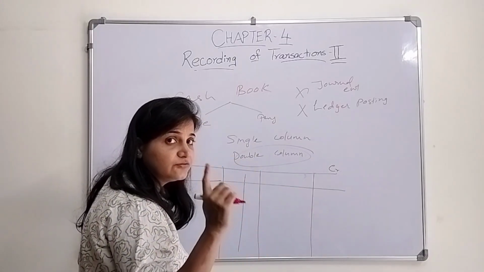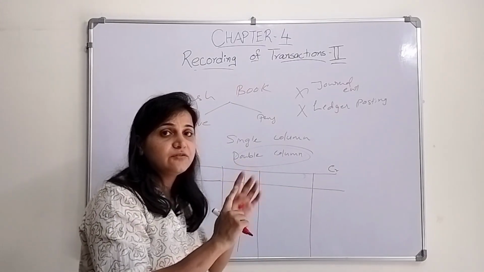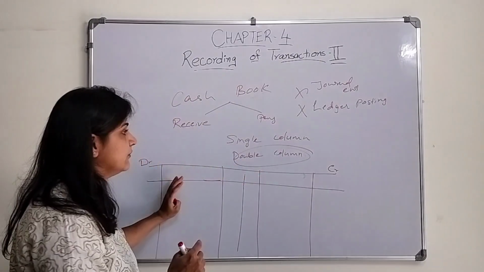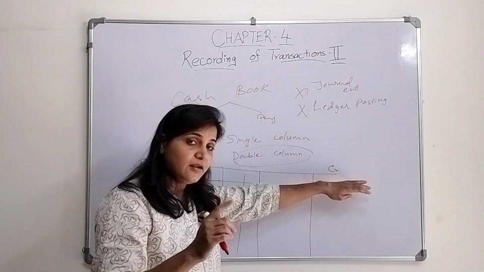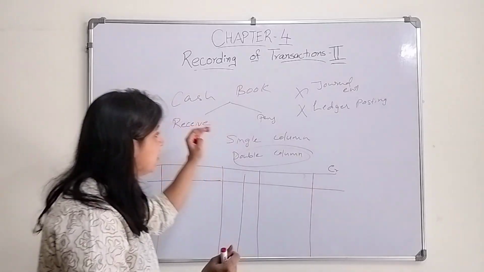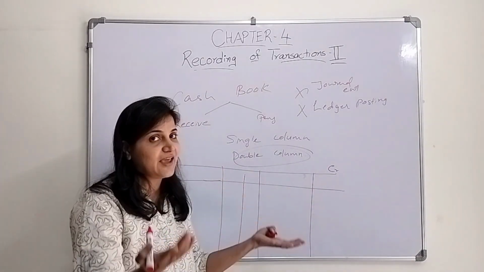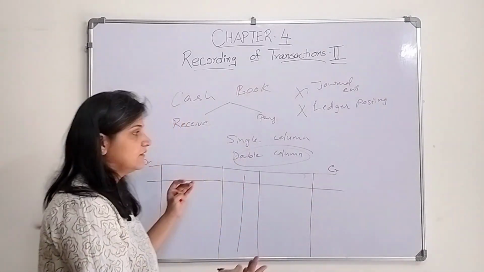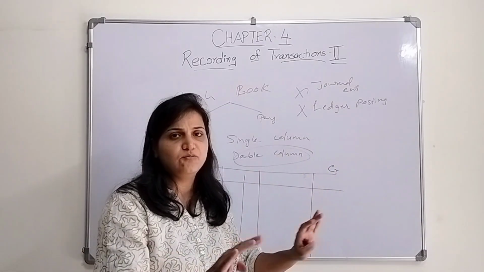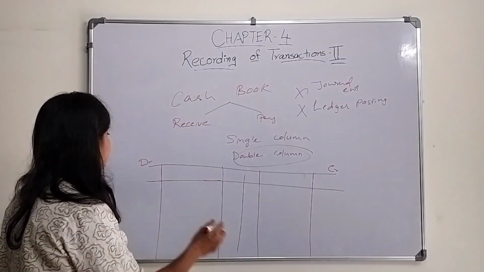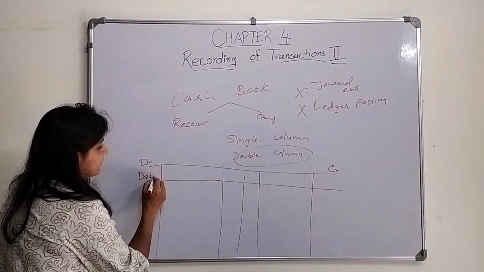The rules of debit and credit: debit what comes in, credit what goes out. Okay, the real account rule. Or the second rule, modern approach: debit when the asset increases, cash is an asset. It increases, debit it. When the cash decreases, credit it. The same rules are followed everywhere. Here we will write the date.